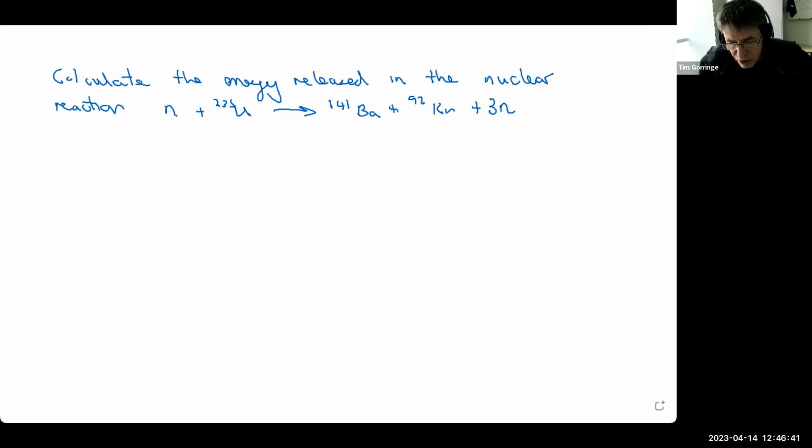Now, this nuclear reaction is similar to a chemical reaction. In this nuclear reaction, the mass of the products of the reaction is actually a little bit less than the mass of the parents of the reaction.